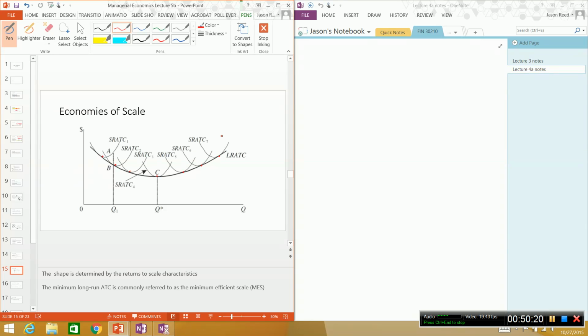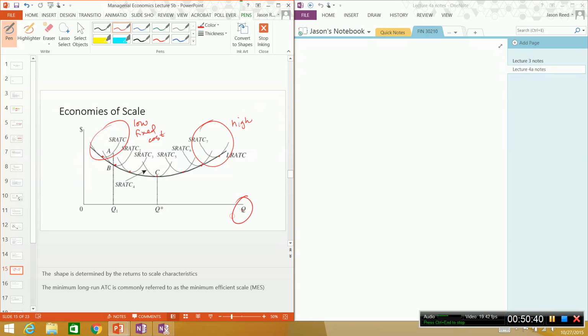And essentially what we create out of this, and there'd be many more of them, is this long-run average total cost curve. So this would be something where we have small fixed cost. So we have low fixed cost here, where then over here we would have higher fixed cost, right? And that's because we're scaling up.